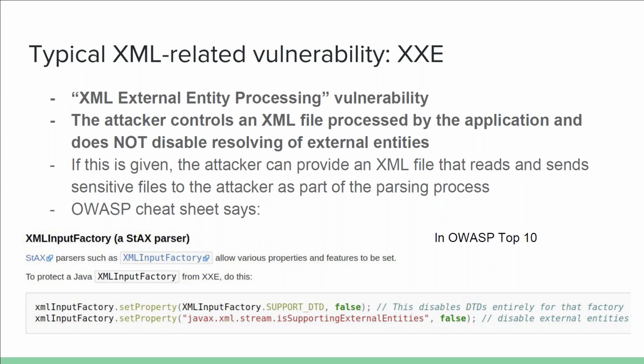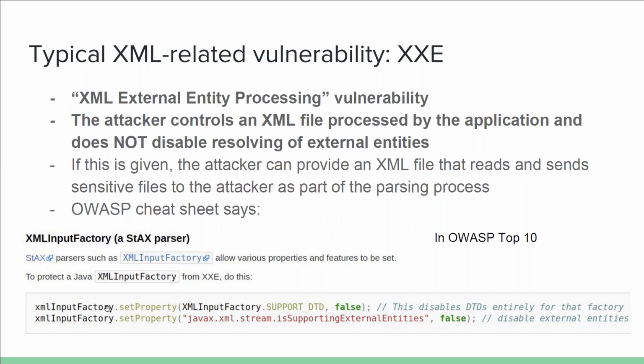And OWASP actually has a cheat sheet that tells you for different types of parsers what you need to do to make sure that XXE does not work. And by default, it does work if the attacker can provide the XML file in completely. And so what we need to look for here is the configuration of the parser.